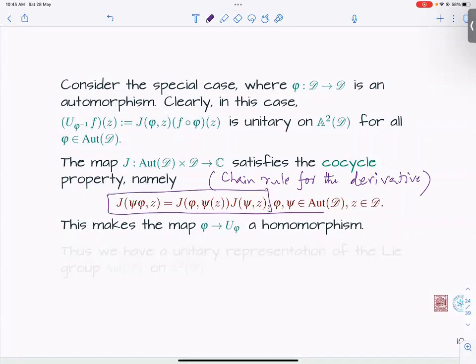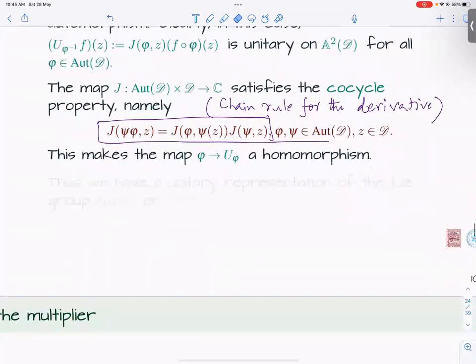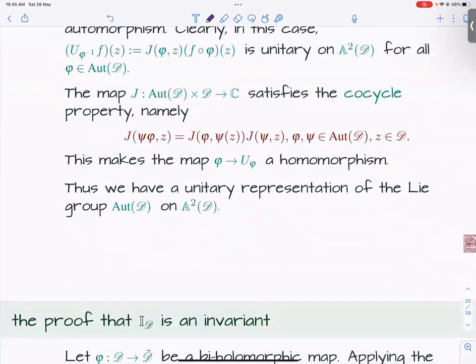When you take psi phi, this is a composition, then the derivative of a composition is the derivative of the first function evaluated at the value of the second function times the derivative of the second function at j. So this property of being a cocycle, or having the chain rule, makes the map phi going to u phi a homomorphism. So all in all, u phi is a unitary and this map is a homomorphism.